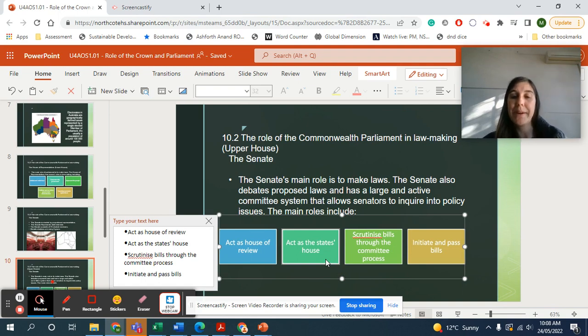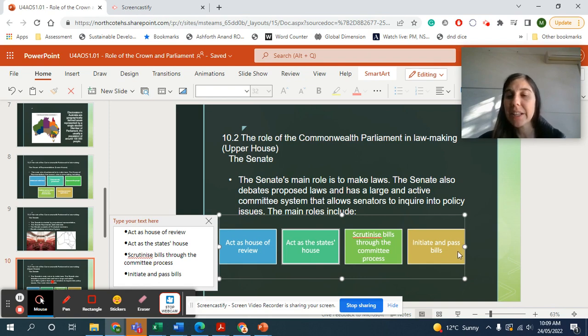What we mean by that is, as I was saying, to represent state interests, such as Tasmania and what's happening in Tasmania. The third role I said before was to scrutinise bills through the committee process, to form inquiries into specific bills and form a deeper understanding of the proposed laws.